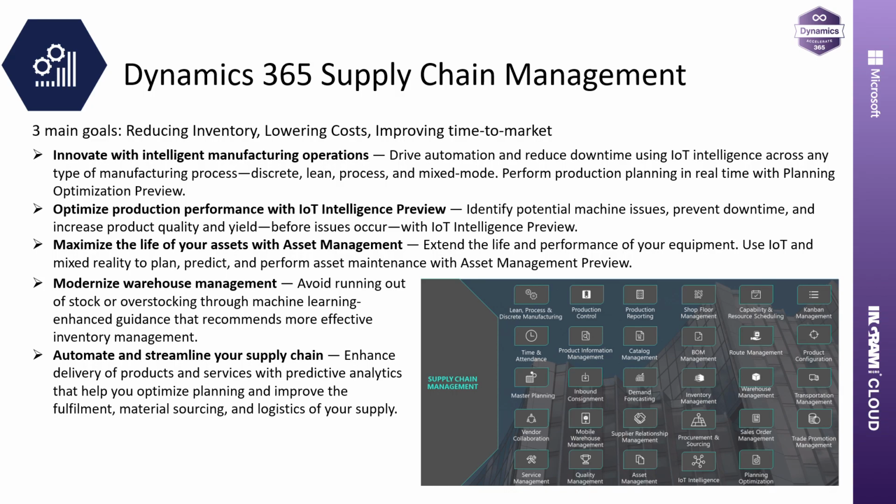The key difference, as you can see from the schematic on the screen, is the range of modules that sits within the application, and also in many ways some of the depth that sits within there. So in Business Central we talked about manufacturing capability with bill of material and routings. When we look at D365 Supply Chain, in terms of manufacturing process, we're looking to delve much deeper into lean manufacturing process and discrete manufacturing with a little bit more detail that tends to reflect the requirements of larger organizations with larger manufacturing capabilities.